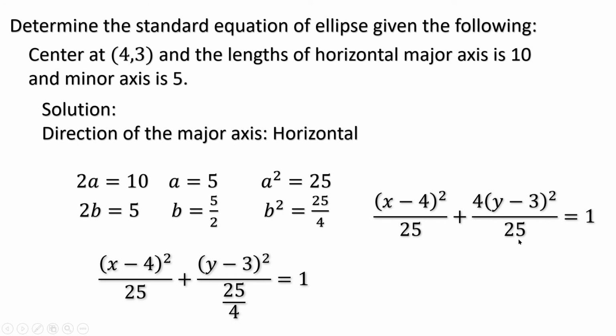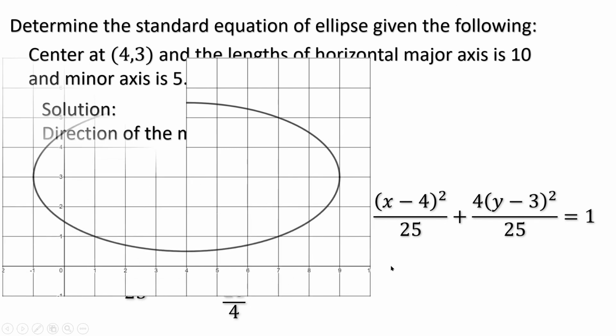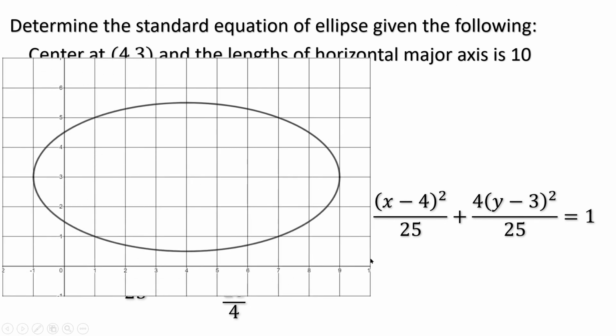Looking at our graph, okay, so we have 1, 2, 3, 4, 5, 6, 7, 8, 9, 10. From here, 1, 2, 3, 4, 5, 6, 7, 8, 9, 10. So we have a distance of 10 units horizontally on our major axis. So this is our equation.